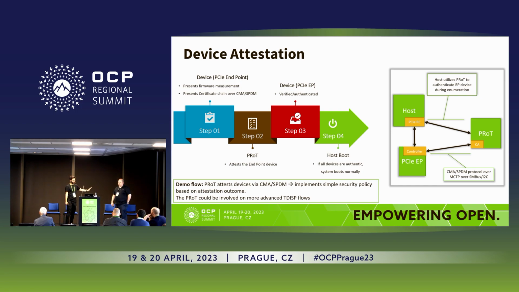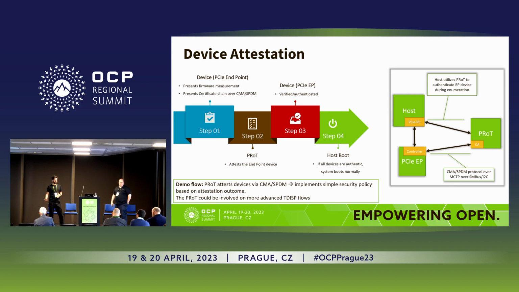On the left, you have the very high-level flow implemented in the demo. On step 1, the PCI endpoints start by presenting all the different firmware measurements to the PRoT, as well as the certificates via CMA SPDM. On step 2, with all of this information, the platform root of trust is going to authenticate the certificates that it obtained, and check the different firmware measurements to determine whether they're known and trusted.